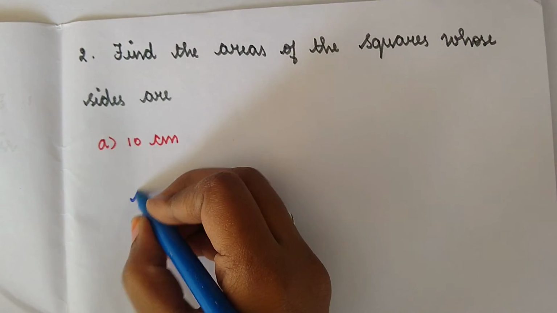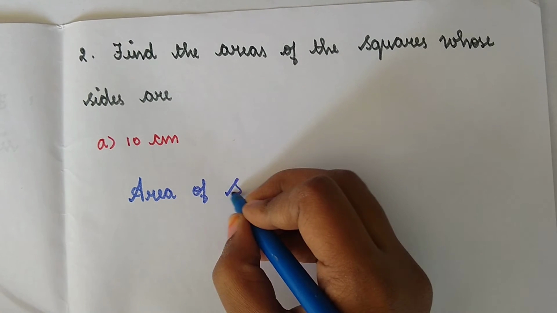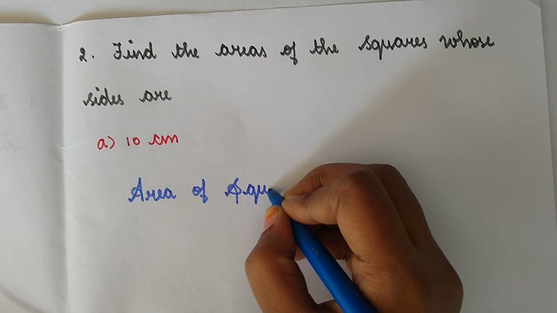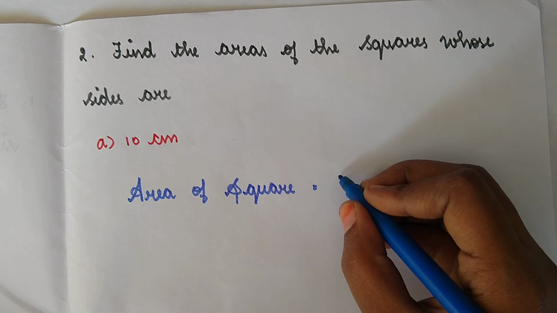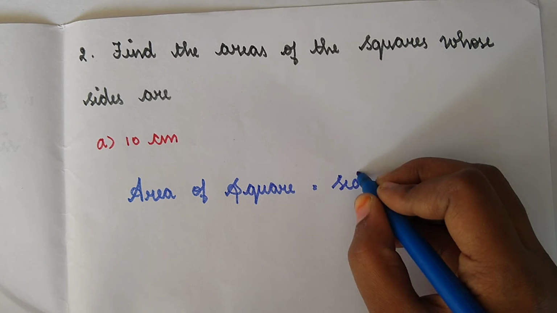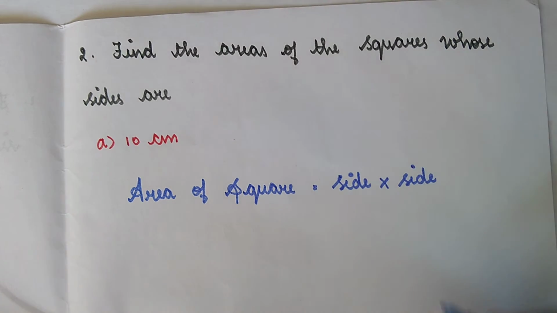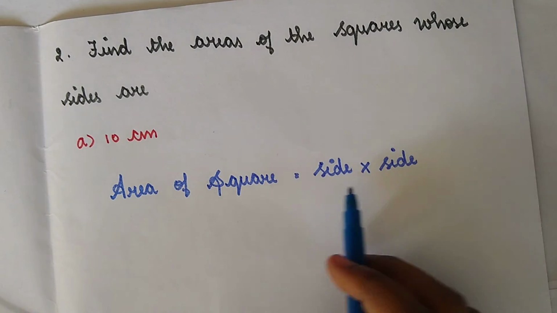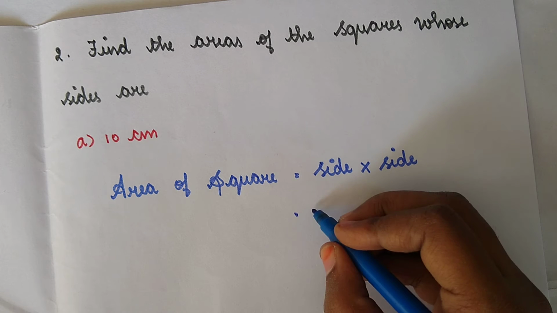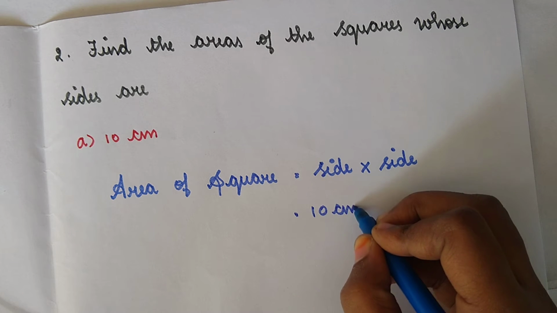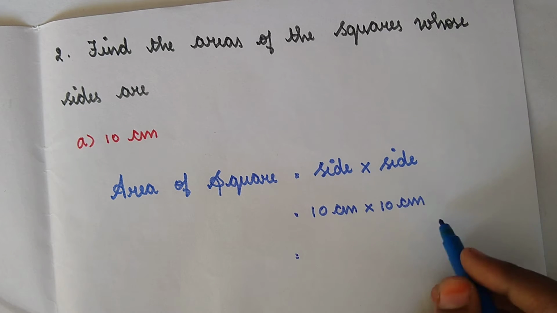So what is the formula for area of square? Area of square equals a square. a is denoted by side, so we can write side into side. This is the formula for area of square. Here side is 10 centimeter, so 10 centimeter into 10 centimeter. 10 into 10, 100.